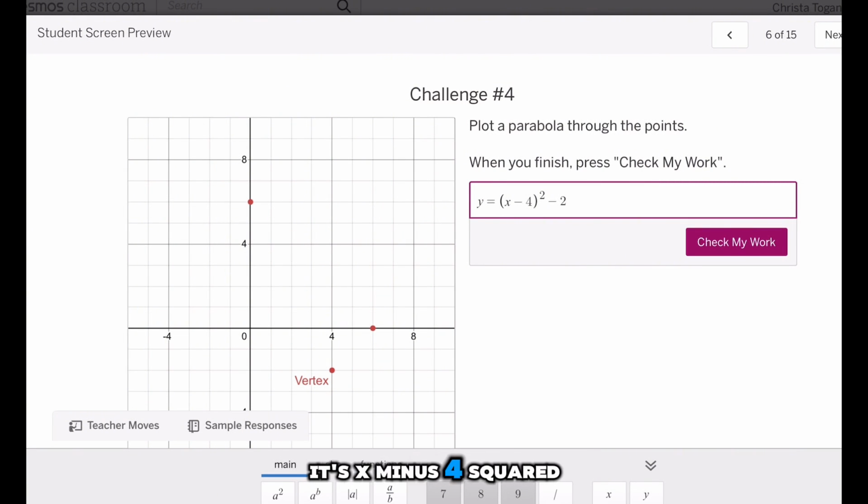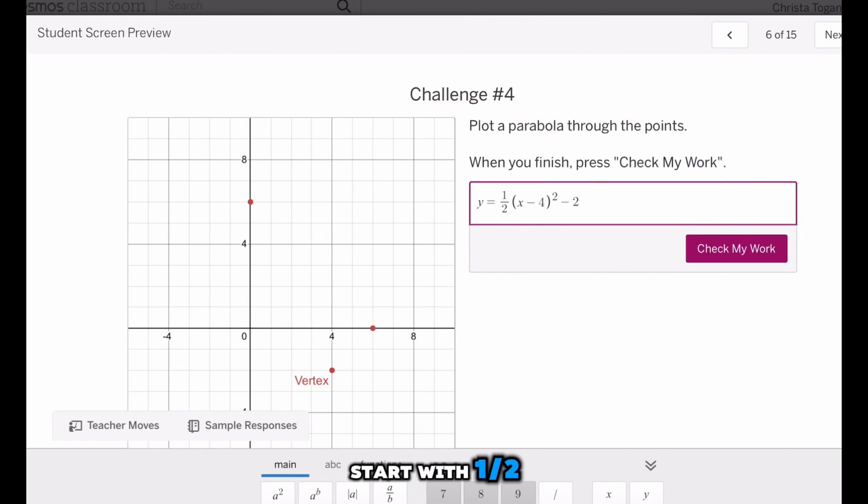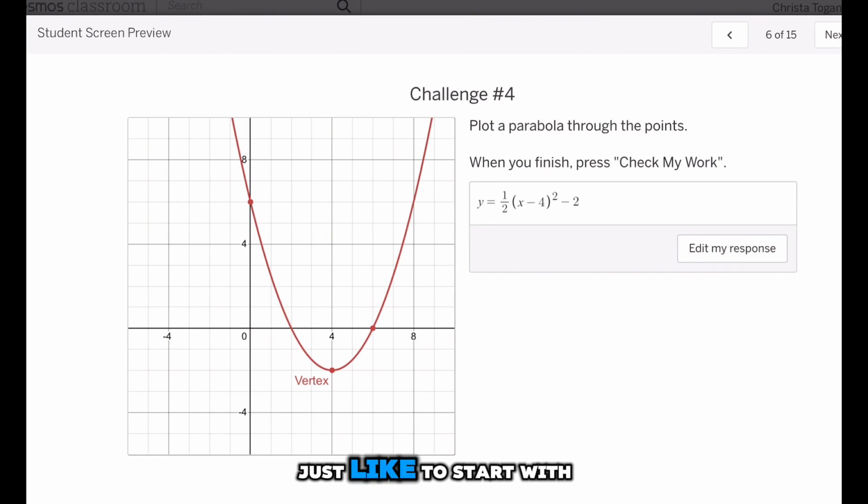Now, it's x minus 4 squared, but it's the same principle. So I like to always start with 1/2. Don't ask me why. I just like to start with 1/2, and there it is. Now you have to do that. And when the challenges get more difficult, you have to remember what you did before.